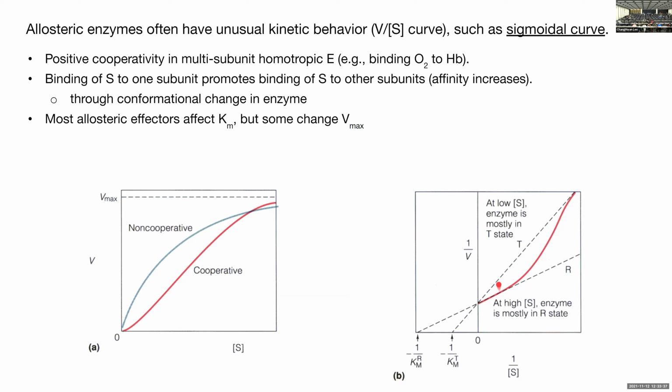If you reviewed the last lecture, it only changes the slope of the line, but it does not change the y-intercept, which is Vmax. It only changes the Km in this case, which is competitive inhibition. So allosteric works in the opposite way of competitive inhibition.